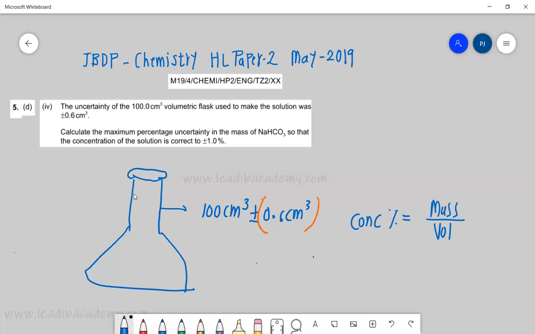So now there is a division. Whenever there is a division, that means there is going to be some error in the mass, and in volume there is some uncertainty. Let me write it down properly. I'll say this is uncertainty 1.